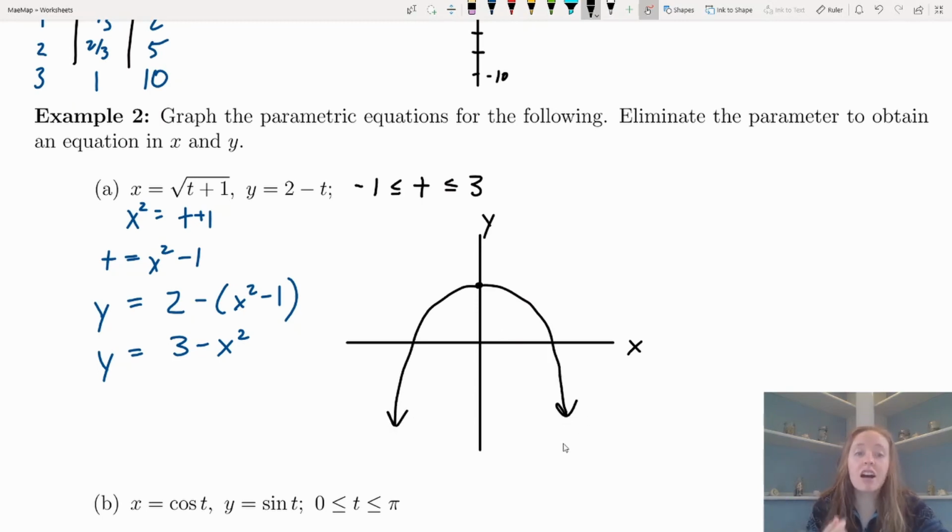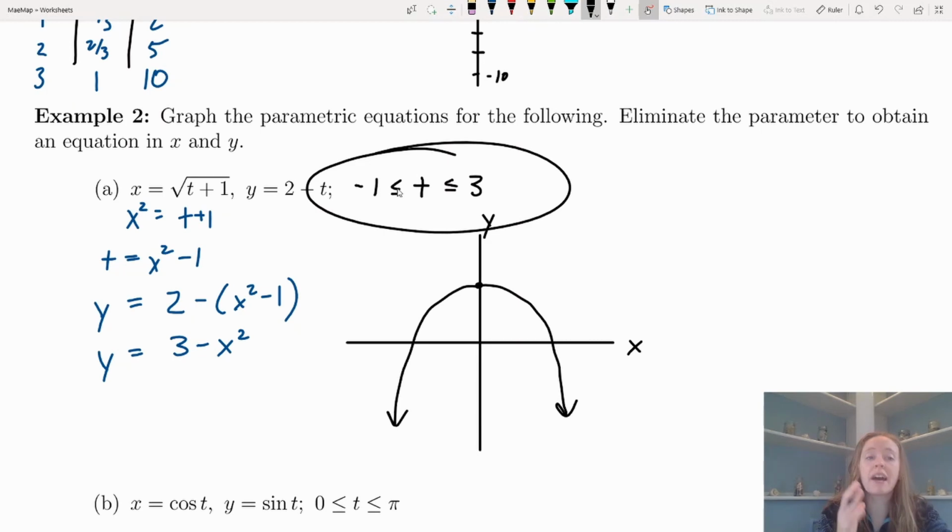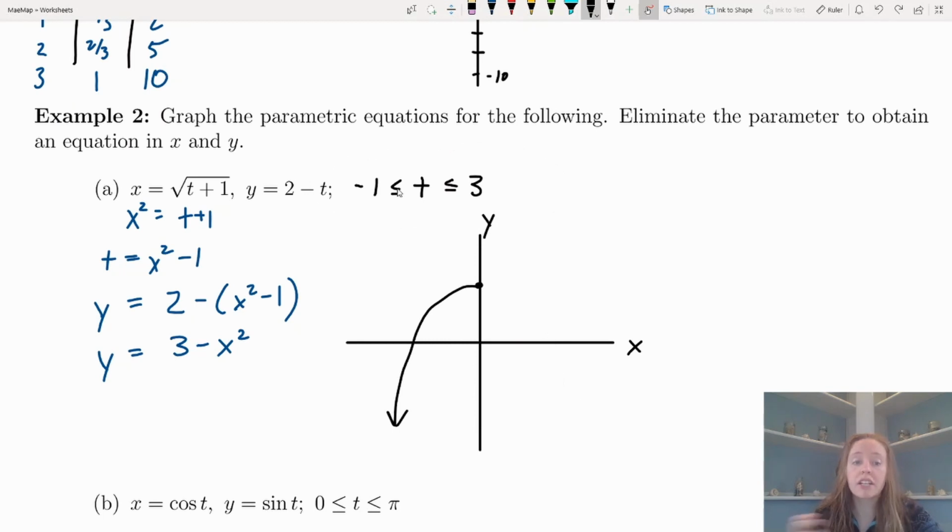However, this is not quite our curve because our curve is restricted with our t values. So the lowest t value we have is -1, and the greatest t value we have is +3. So before I get crazy and graph this, let's go ahead and find our end bounds. So if I plug in -1 for t in my x equation, x equals the square root of -1 plus 1, that's x equals the square root of 0, which is 0.